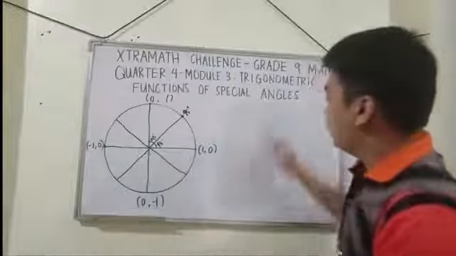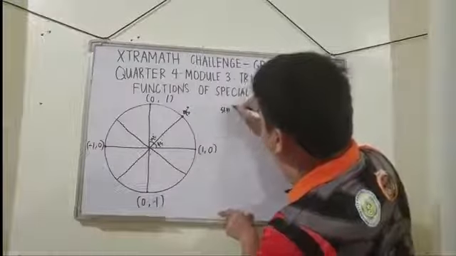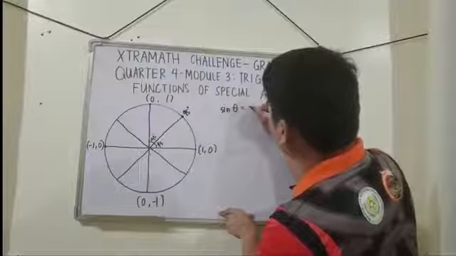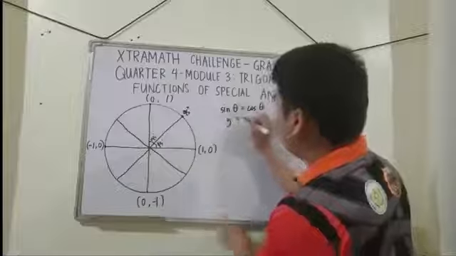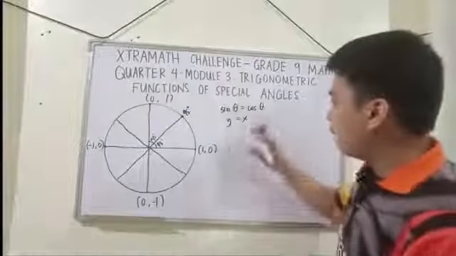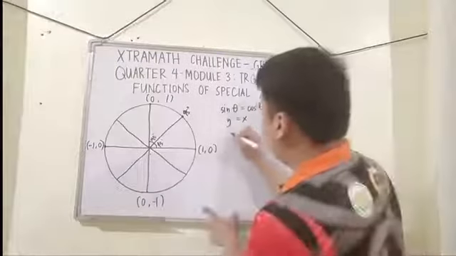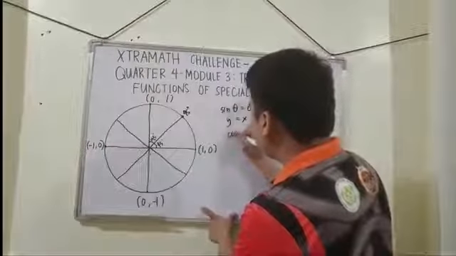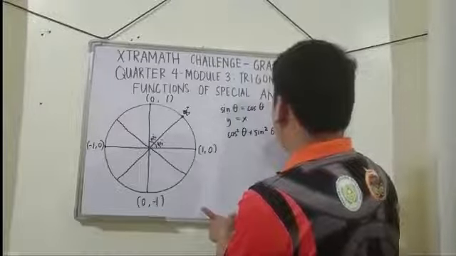Remember that sine theta is equal to cosine theta, or y is equal to x. So by substitution, if cosine is equal to sine, from the identity cosine squared theta plus sine squared theta equals 1.